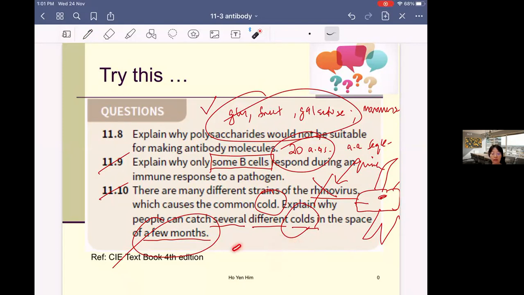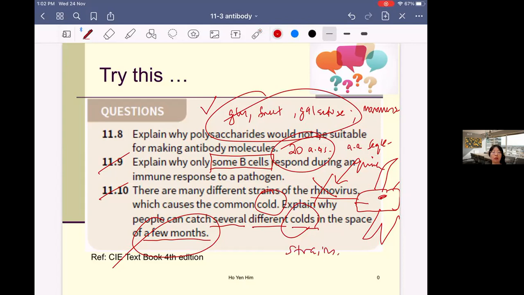Next time another flu virus enters, the antigen is like a straight line. So every time the antigen is different because it's a different strain of rhinovirus. Rhinovirus is actually a general term for the virus that can cause flu, and it has many different strains.